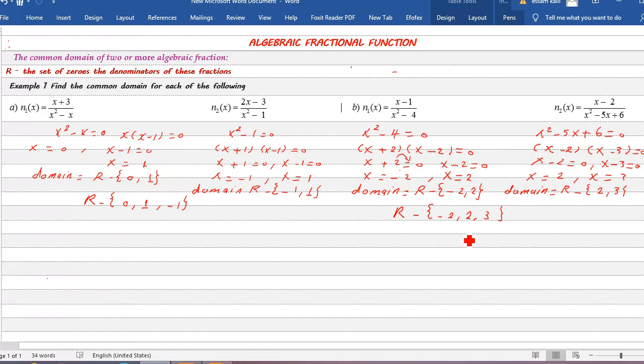This is the common domain of the functions n1 of x equals (x minus 1) over (x² minus 4) and n2 of x equals (x minus 2) over (x² minus 5x plus 6).